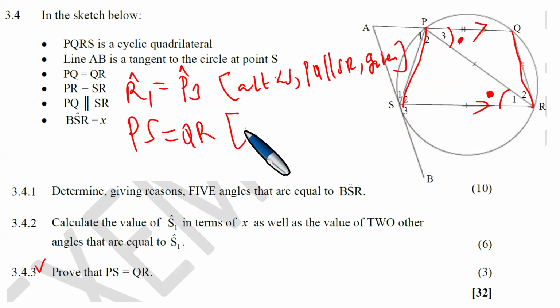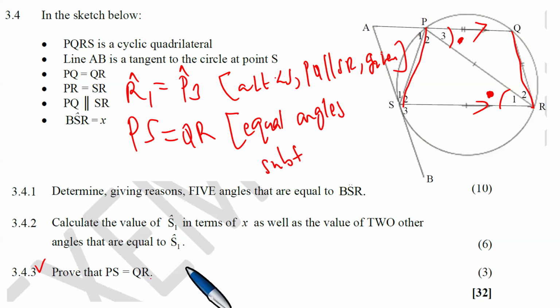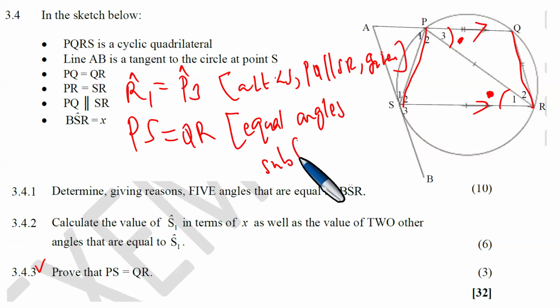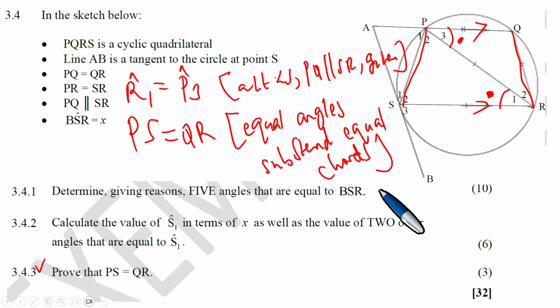This is true because equal angles subtend equal chords. There are many ways to prove this, but equal angles subtend equal chords. This would be true at this point about these cyclic quads here.